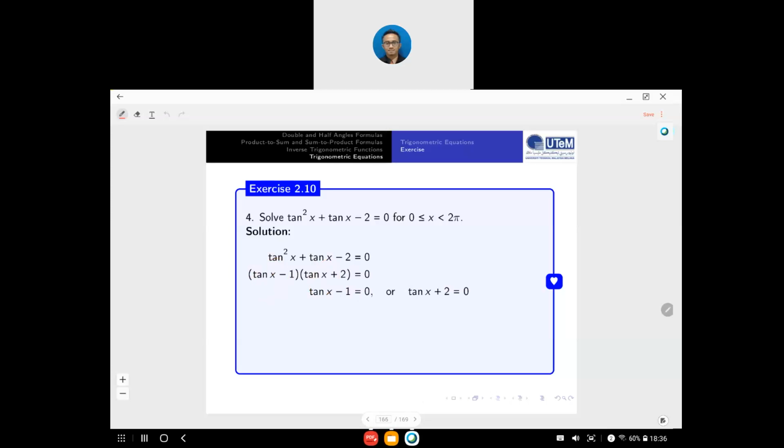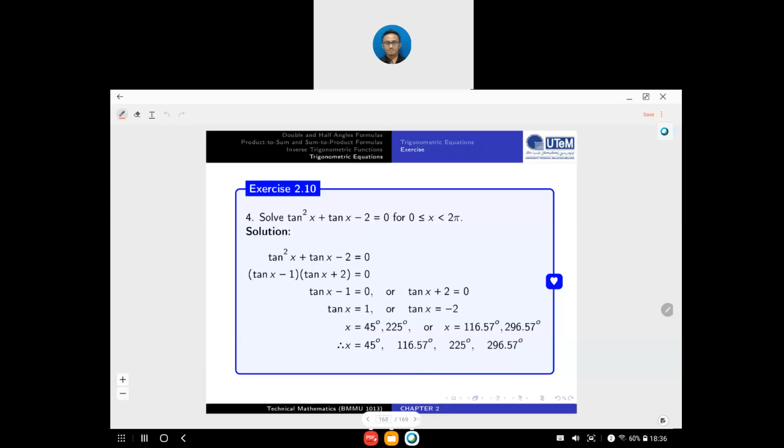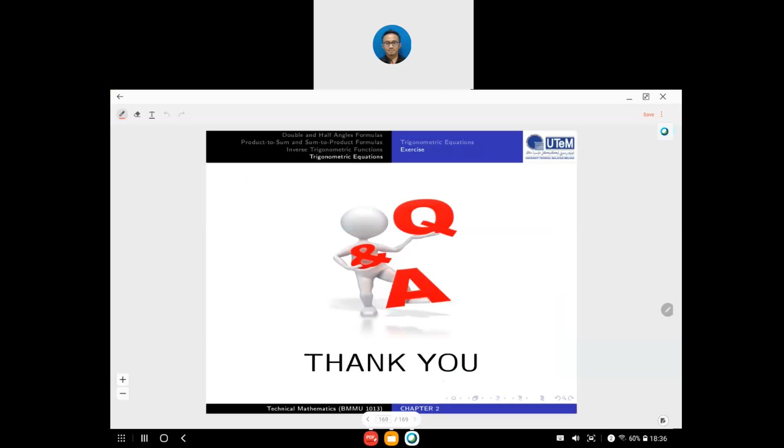So tangent x minus 1 equal to 0 or tangent x plus 2 equal to 0. Solve the first one, awak akan dapat 45 and 225. Solve the second one, you can get 116.57 and then 296.57. So you can get this for answer lah. Okay. Thank you. Any problems?